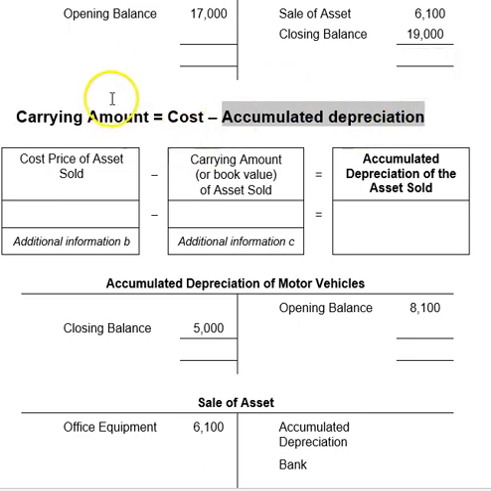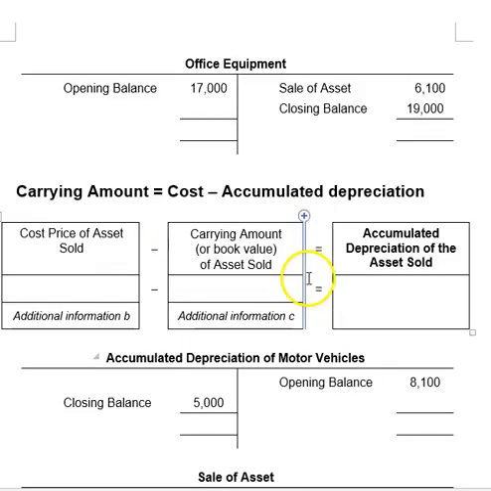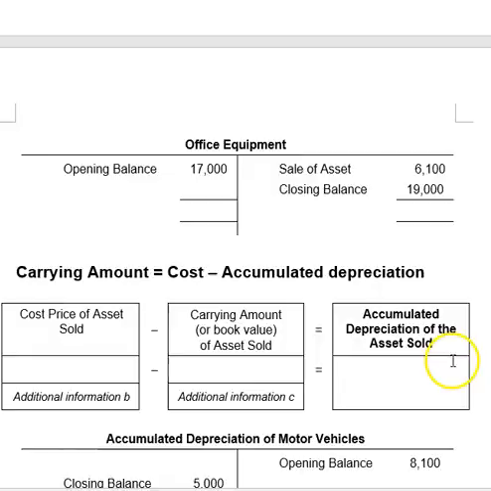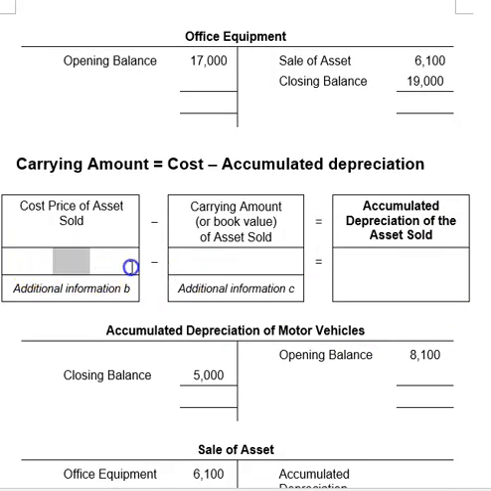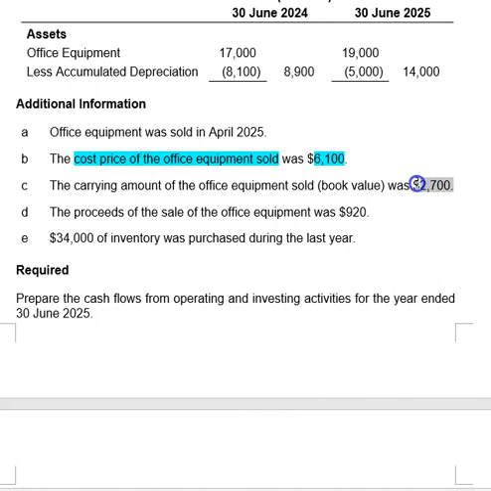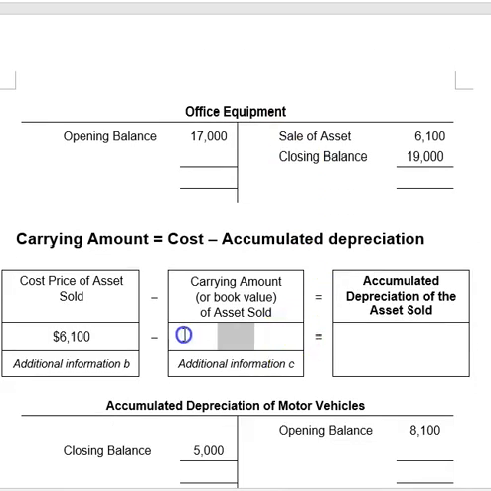If you rearrange this formula, you get accumulated depreciation equals cost minus carrying amount. In additional information B, your cost is 6,100, and in additional information C, your carrying amount is 2,007.